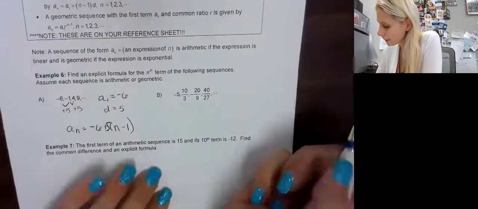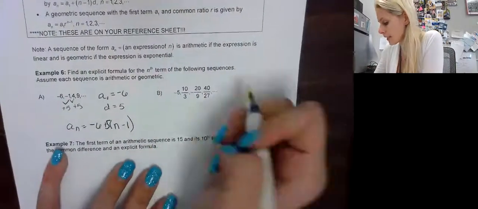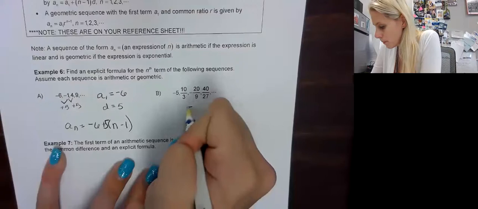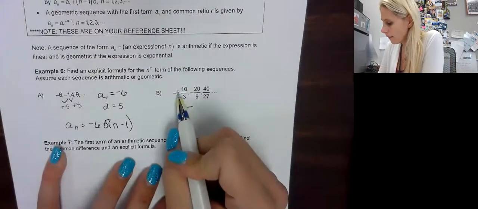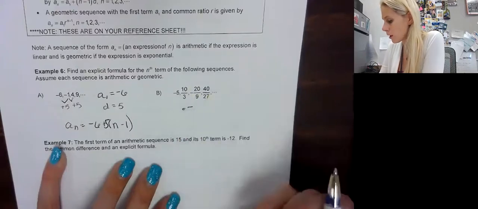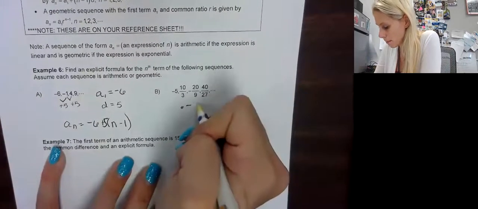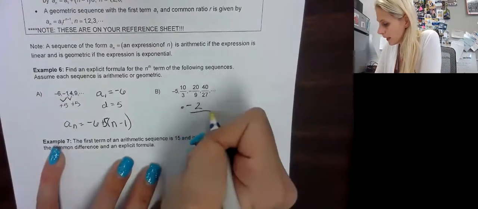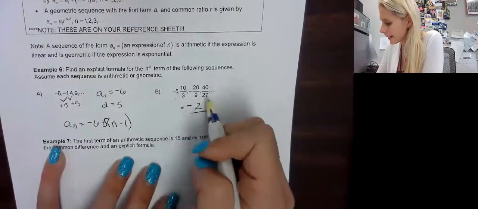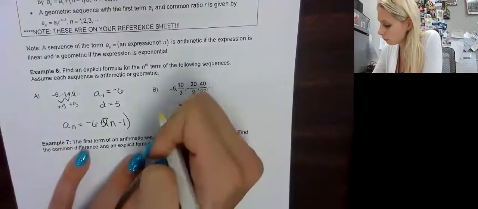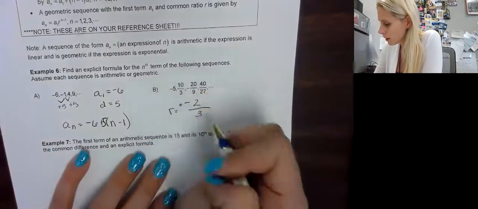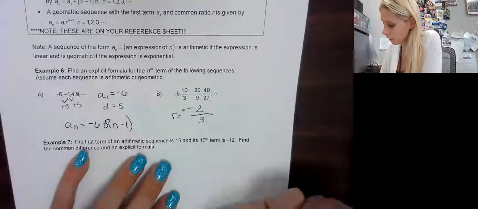Okay, B, what's happening here? First of all, it's alternating, so I know I'm multiplying by a negative. Well, 5 to 10 to 20 to 40, what am I multiplying by? I'm multiplying by 2. And on the bottom I go 1, 3, 9, 27, so I'm multiplying by 3. So my common ratio is -2/3.